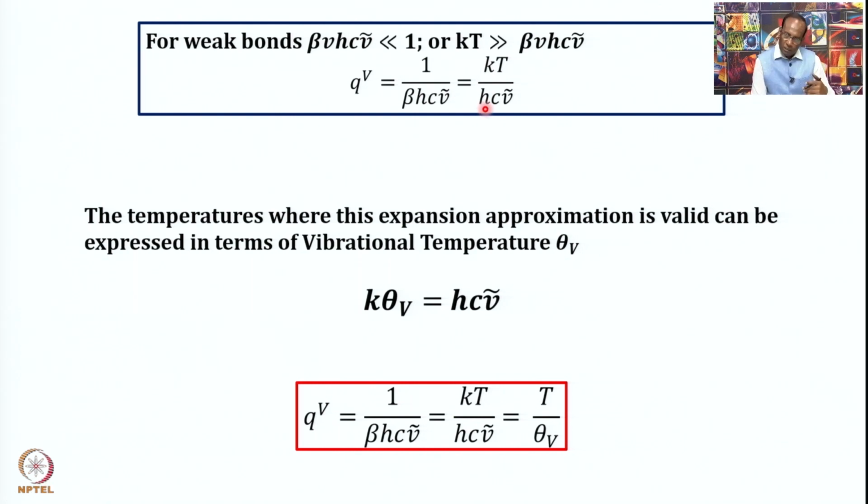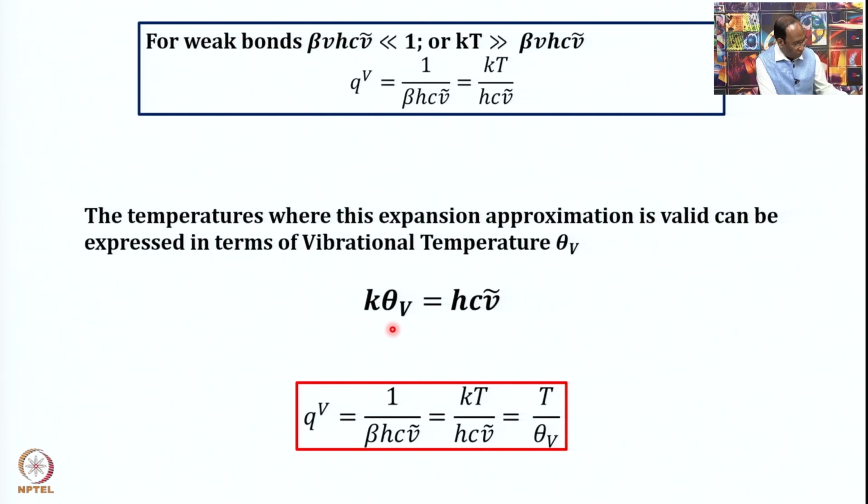You can mathematically show whatever I am going to discuss now. The characteristic vibrational temperature is introduced by writing this equation: k times theta V is equal to hc nu bar, where theta V is the characteristic vibrational temperature.